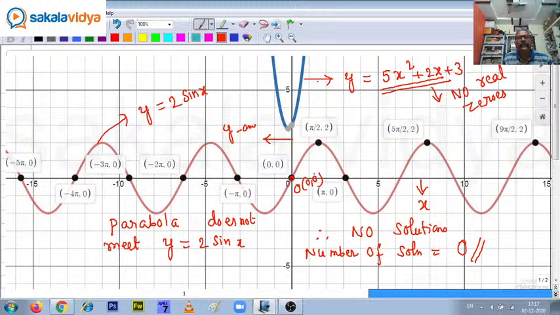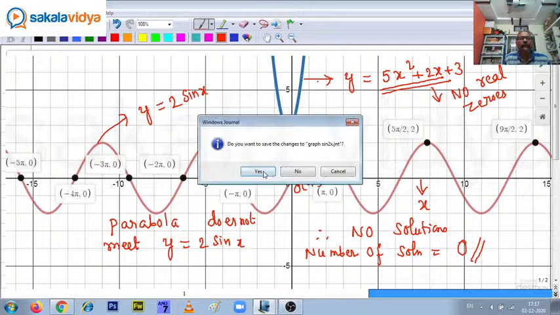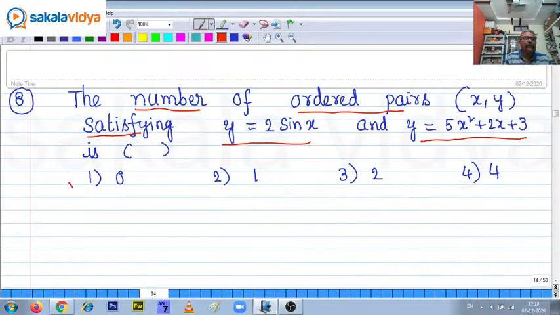It neither cuts the curve nor the x-axis. Okay, first option is the right option.